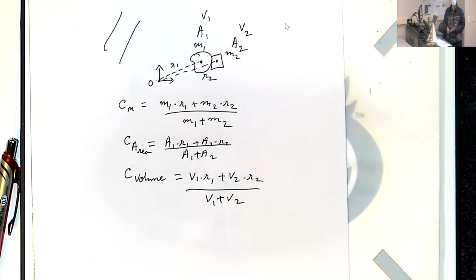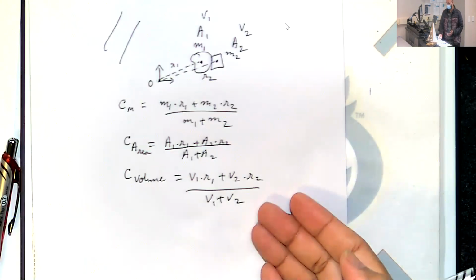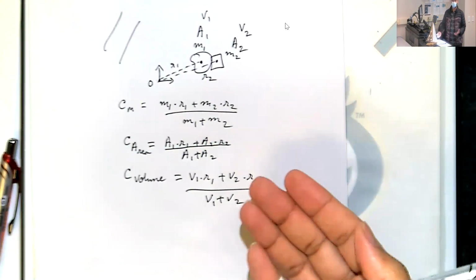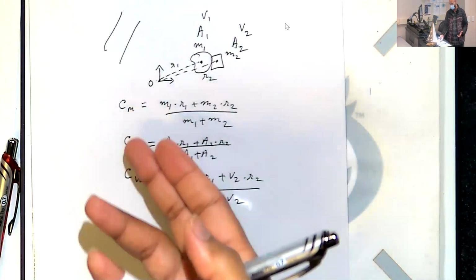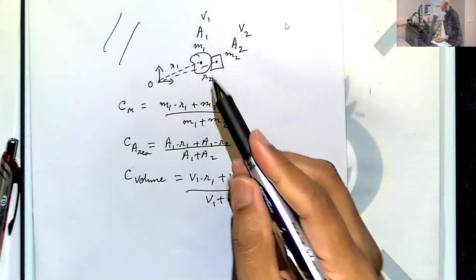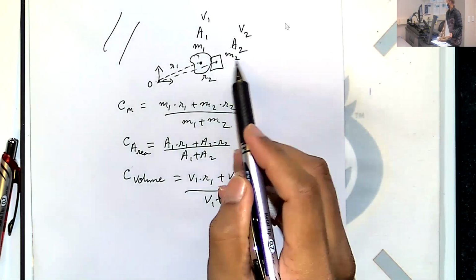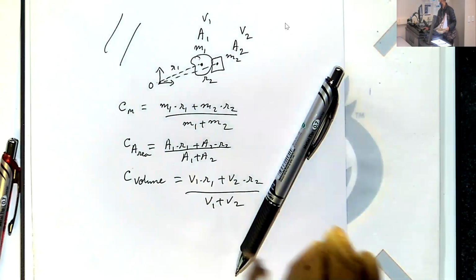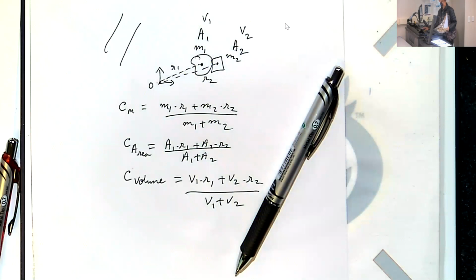Any complex shaped object you have, you can use this principle and do numerical integration to find the respective values. And we will do that. So instead of having this potato and this box, look at my hull again.